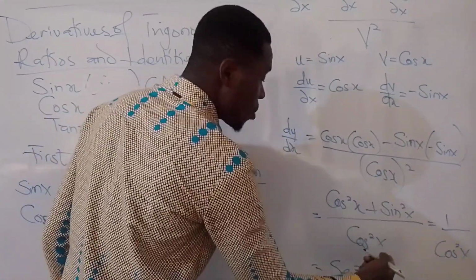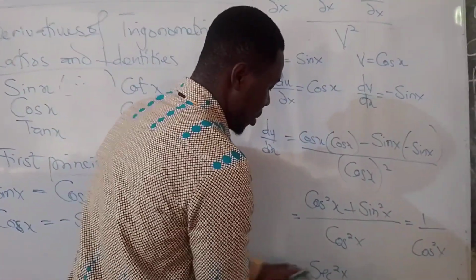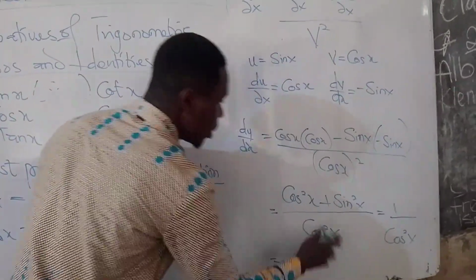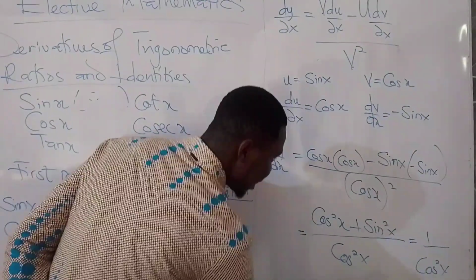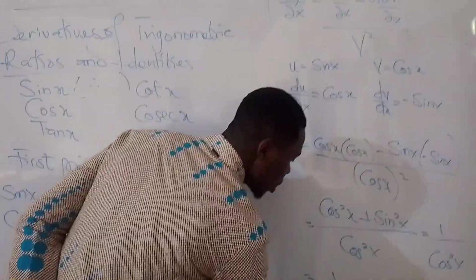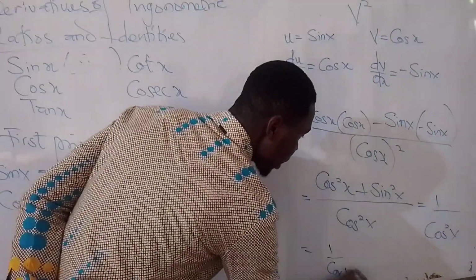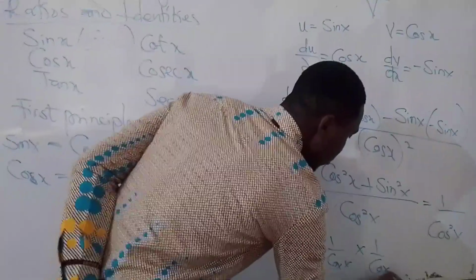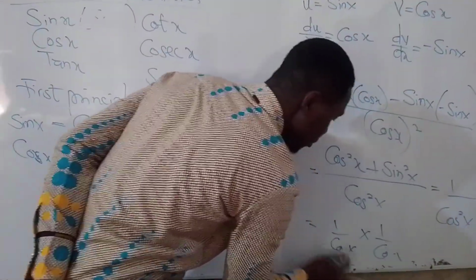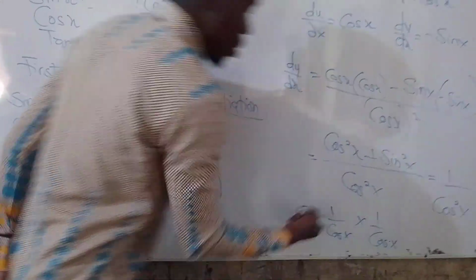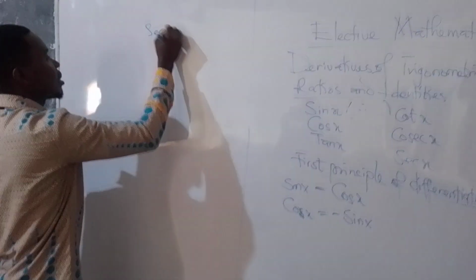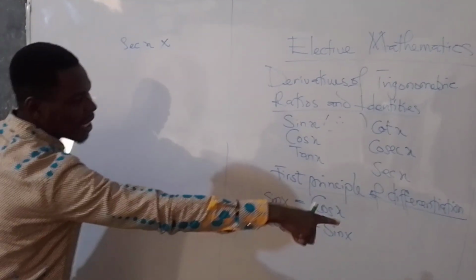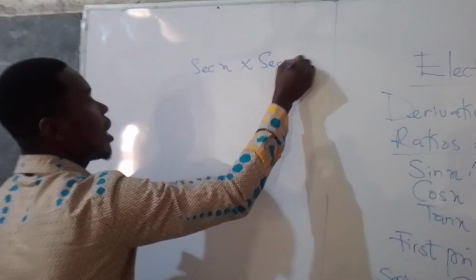Or somebody can write that 1 over cos squared x is the same as 1 over cos x, still multiplied by 1 over cos x. 1 over cos x is the same as sec x, multiplied by another 1 over cos x, which is also sec x.